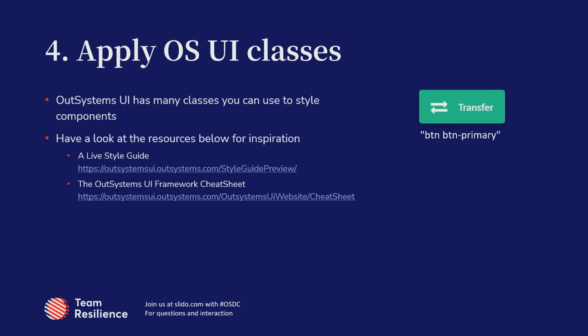It has an icon, some text, and it has two classes: button and button primary. Because of the primary class, it gets this green background. But we want our button to have rounded corners. There's a convenient class available in this case, the border radius rounded class, and we can simply apply this to our button to give it rounded corners.